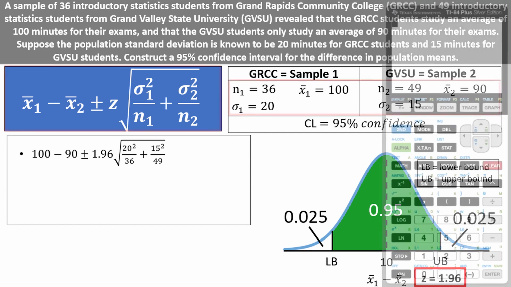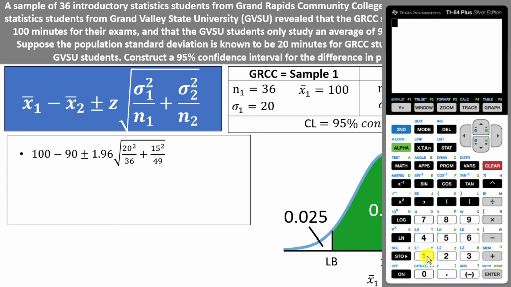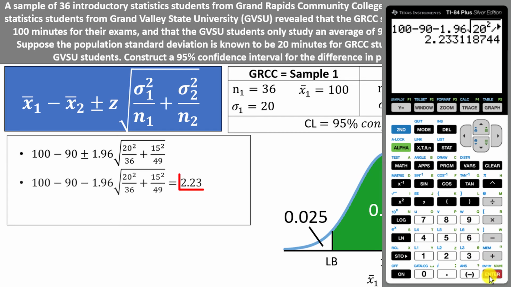On the TI calculator, or any scientific calculator, type in 100 minus 90 minus 1.96, square root symbol, which is second, and then we press this key here, 20 squared divided by 36 plus 15 squared divided by 49. On some calculators, you may need to close parentheses after the square root. Press enter, and you should get 2.23.